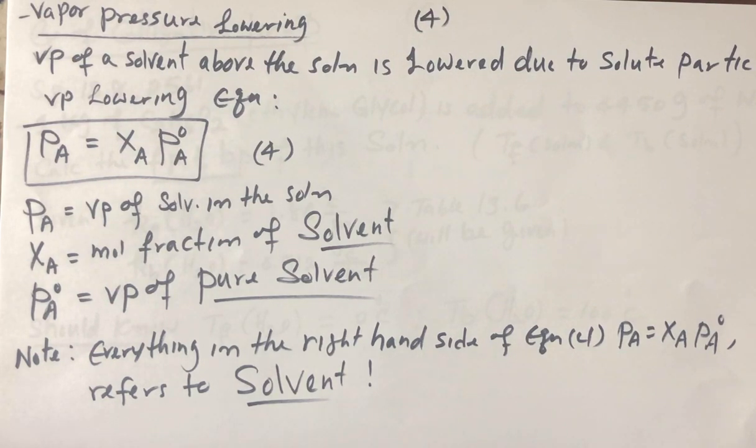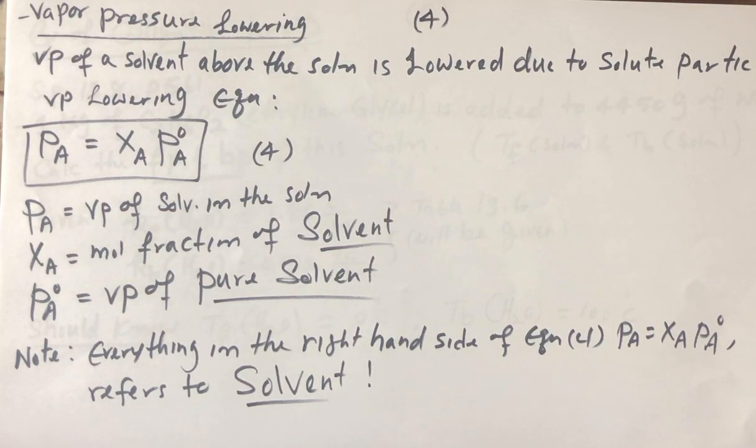So the equation tells you that the vapor pressure above the solution, which is Pa, is less than the vapor pressure of the pure solvent, which is Pa0. You can see it from equation 4, because the pure solvent vapor pressure, Pa0, is multiplied by XA. XA stands for the mole fraction of solvent.